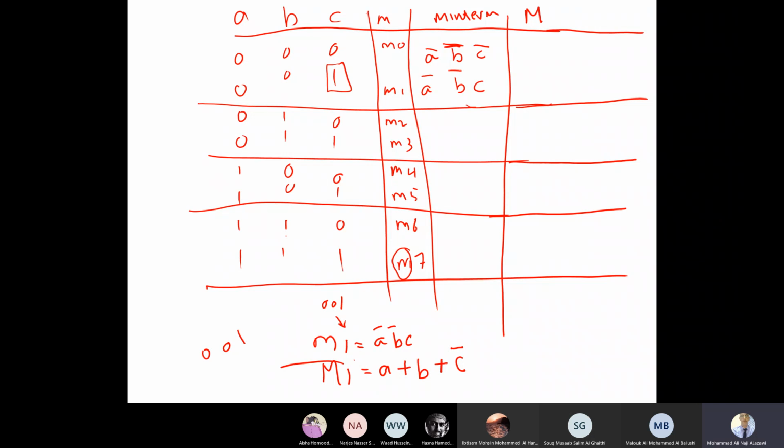Okay, so in this case 0 0 0 so will be A plus B plus C. 0 0 1 A plus B plus C prime.